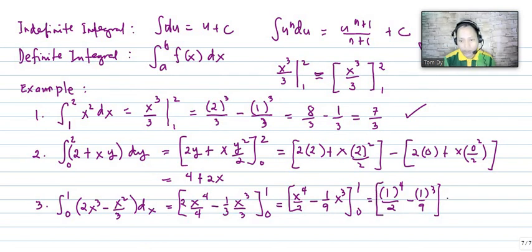So this is equivalent to 1 over 2 minus 1 over 9. So you will have your final answer: 9 times 1, 9, minus 2, that is 7 over 2 times 9, 18. So 7 over 18.